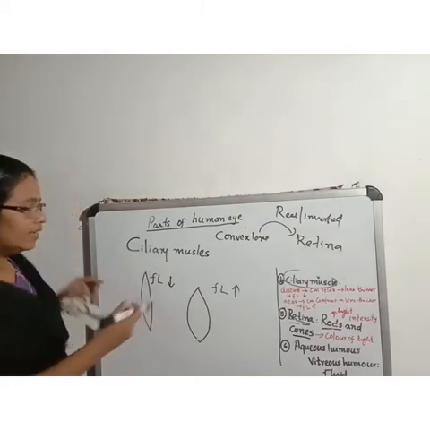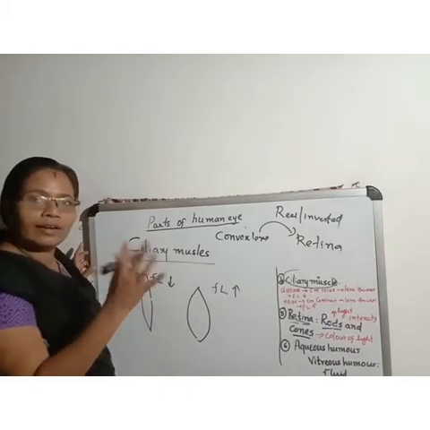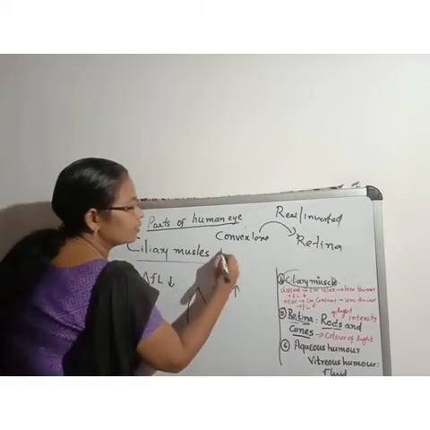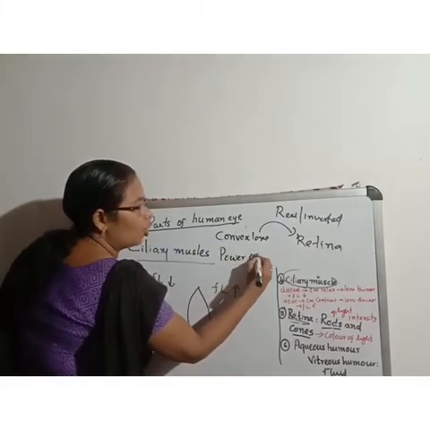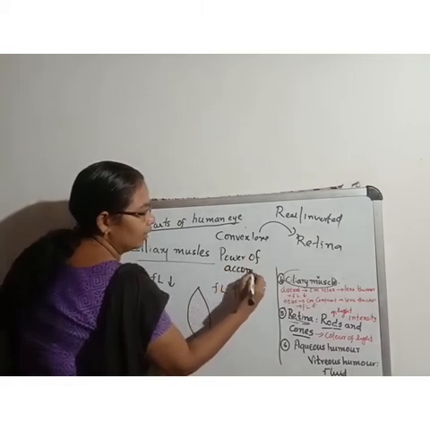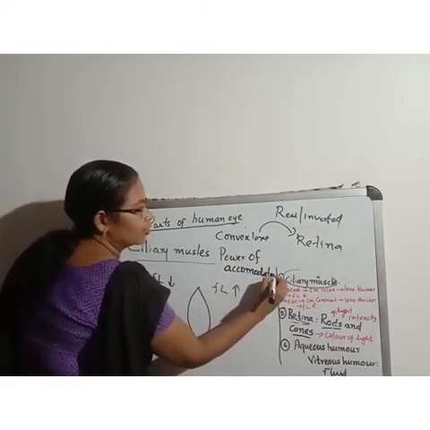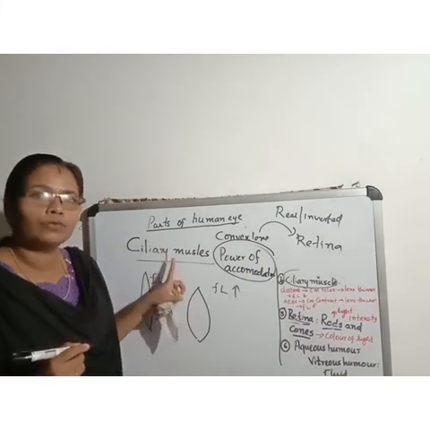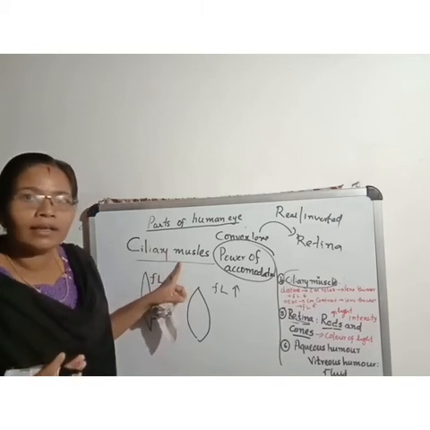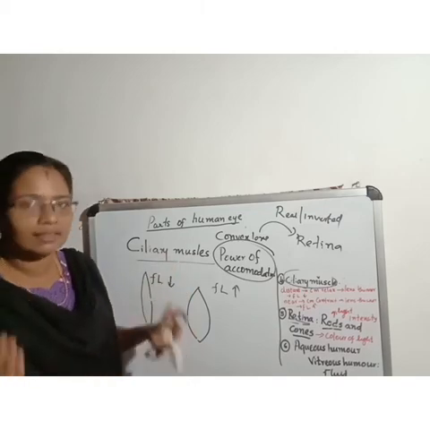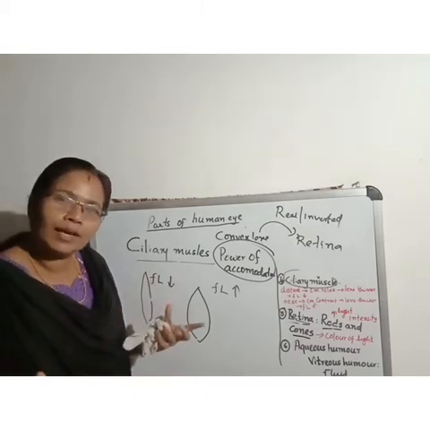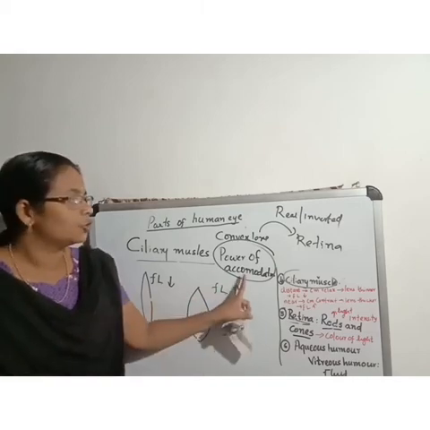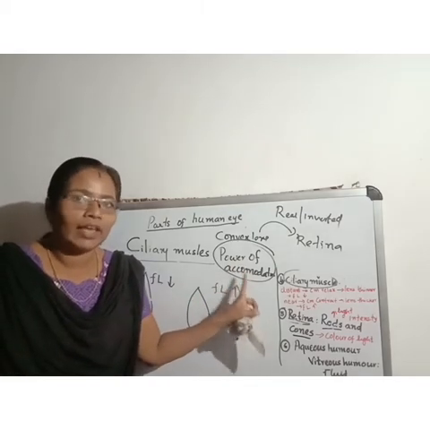This function, the contraction and relaxation and the changing of the focal length, making our lens thinner or thicker so that we get the image on the retina, all together we call the power of accommodation.